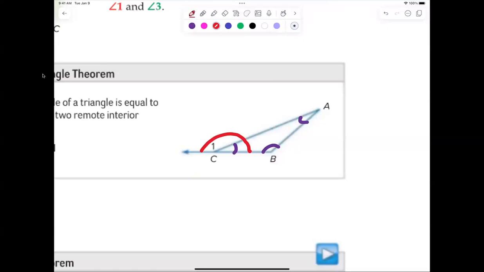Because the two red angles equal the two blue angles, because they both equal 180, do we agree? Then angle 1 plus this angle is equal to these 3 angles. Do we agree with that? And then we can just do the subtraction and that proves it.